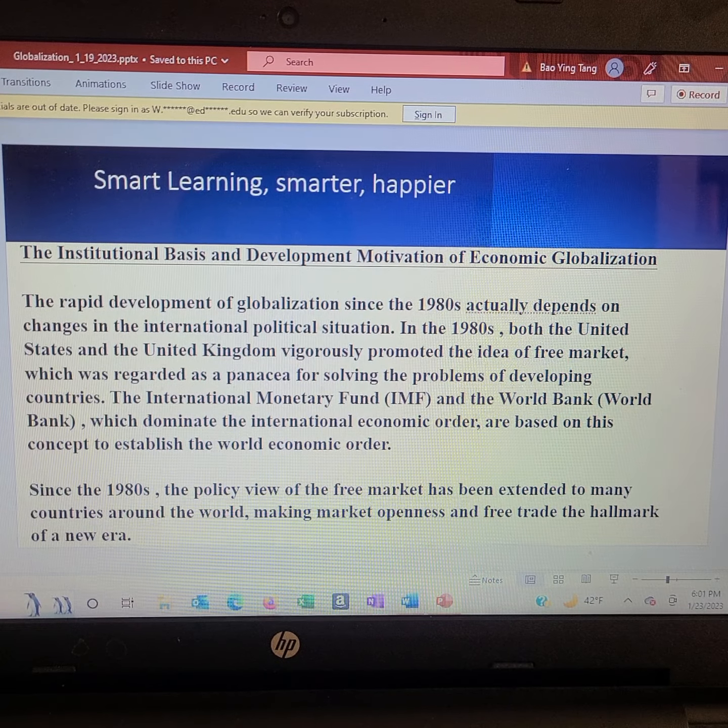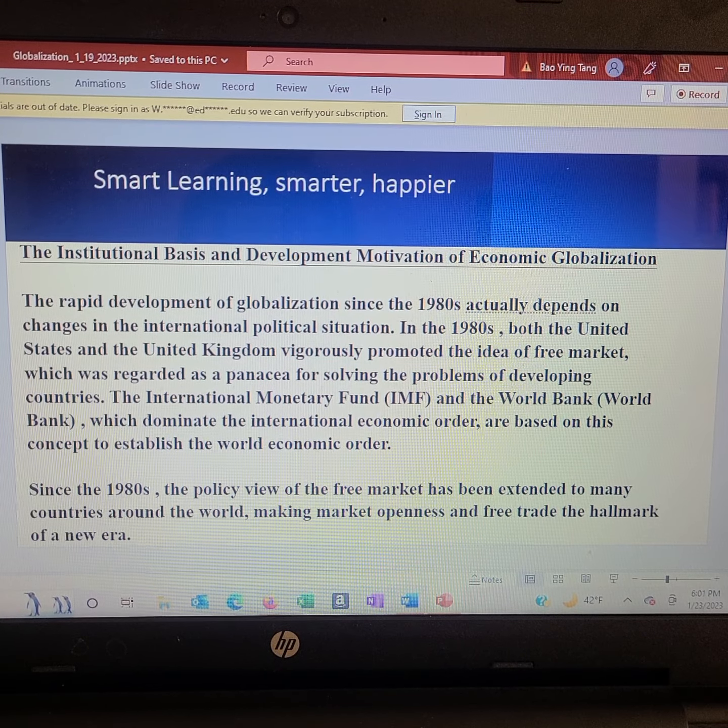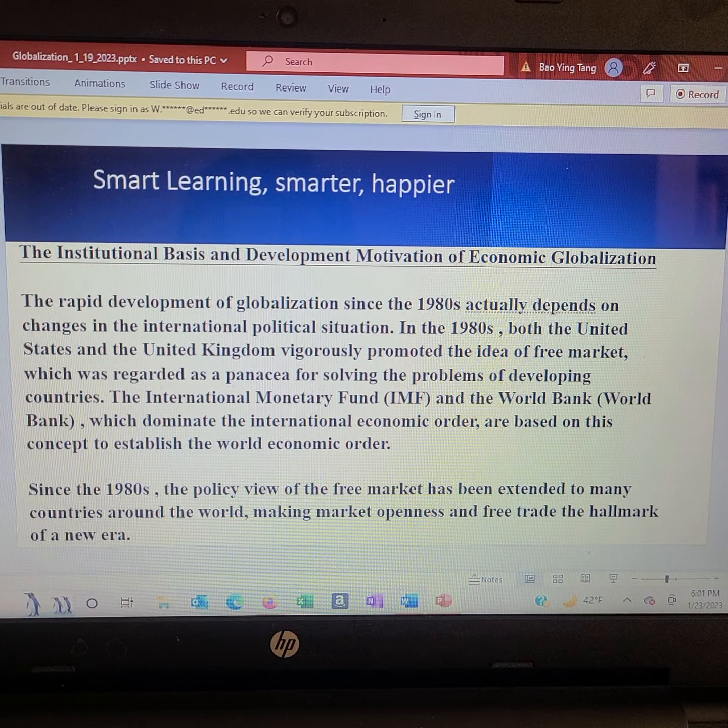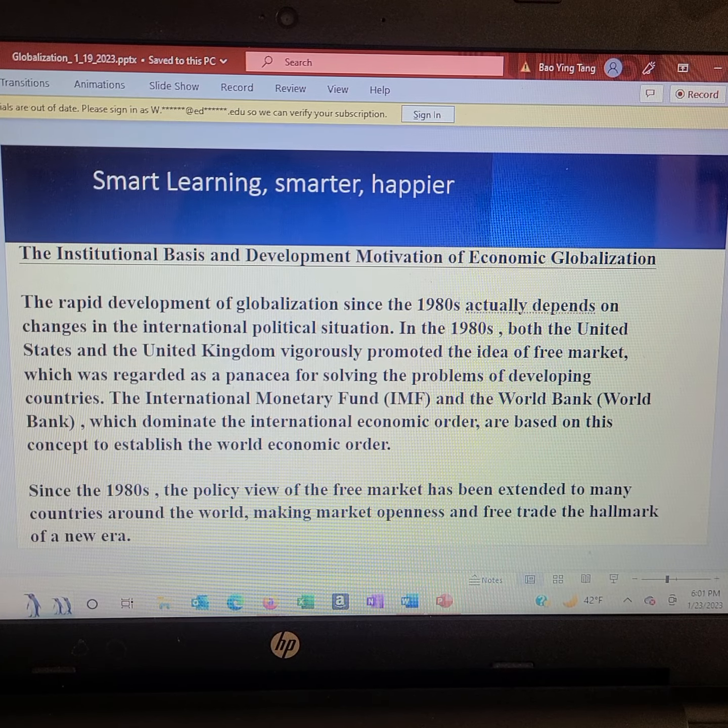Since the 1980s, the policy view of free market has been extended to many countries around the world, making market openness and free trade the hallmark of a new era.